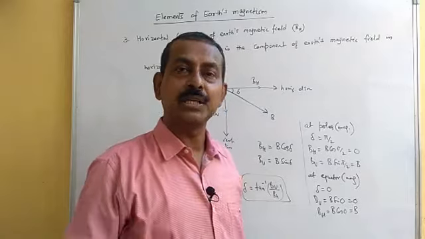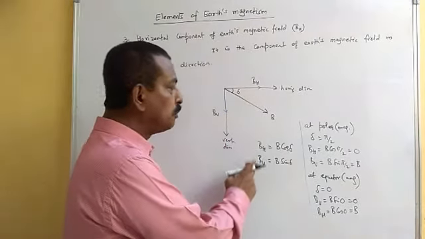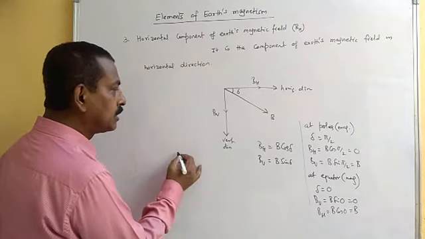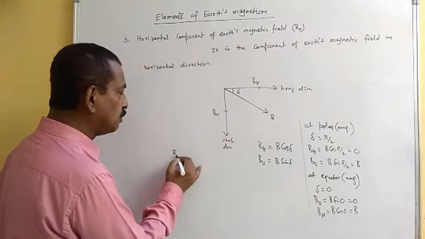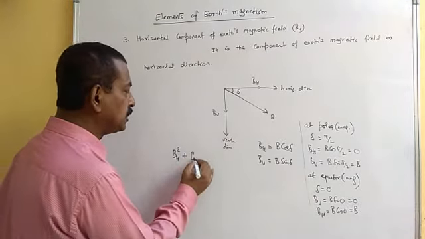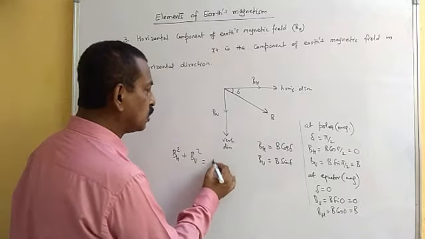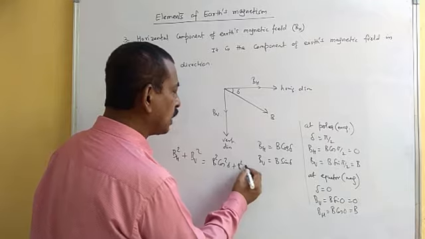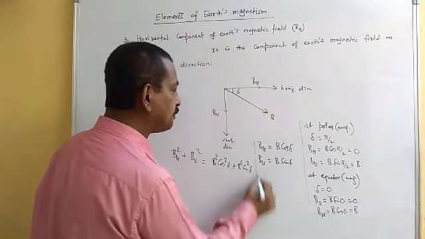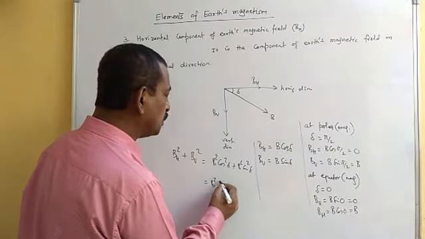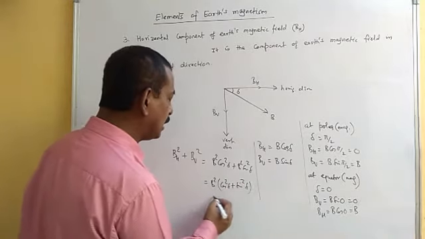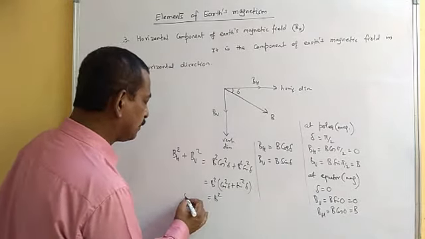From BH and BV, we can also get one more relation. If you consider BH squared plus BV squared, this will be B squared cos squared delta plus B squared sin squared delta, and that is B squared times (cos squared delta plus sin squared delta), and that is B squared.